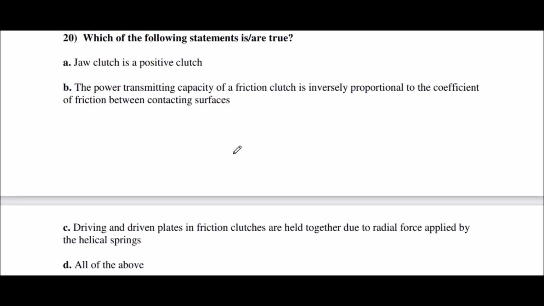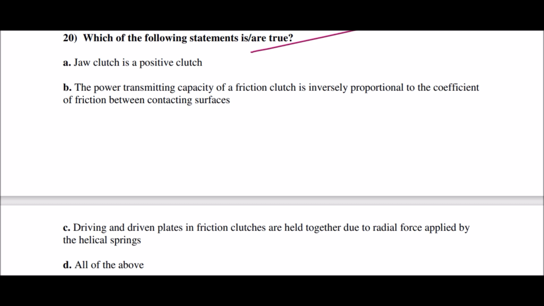Next question. Which of the following statements are true? Option A, means first statement, is jaw clutch is a positive clutch. Second statement is the power transmitting capacity of a friction clutch is inversely proportional to the coefficient of friction between contacting surfaces.